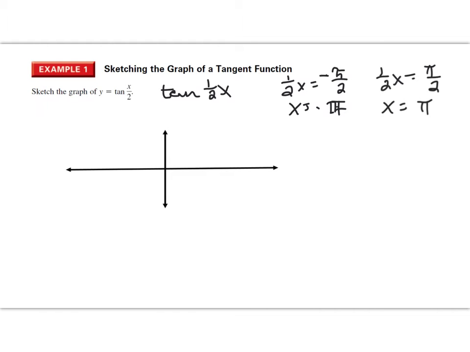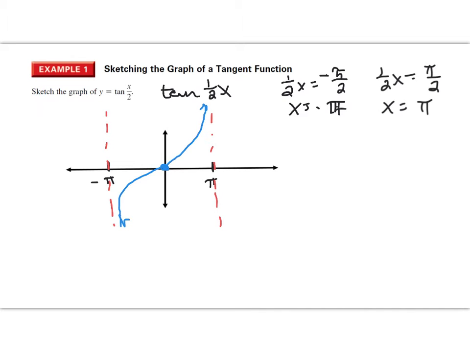So that means here at negative pi, and here at pi, you have an asymptote. Now, if you remember, it goes through 0 and it's consistently increasing. So it's going to go something like this.